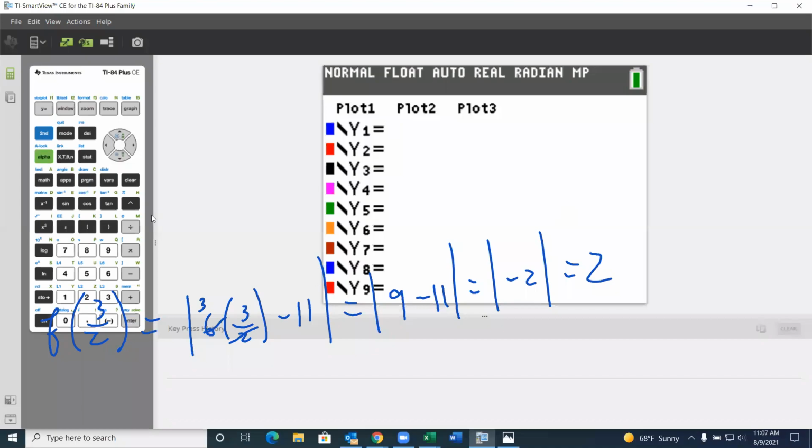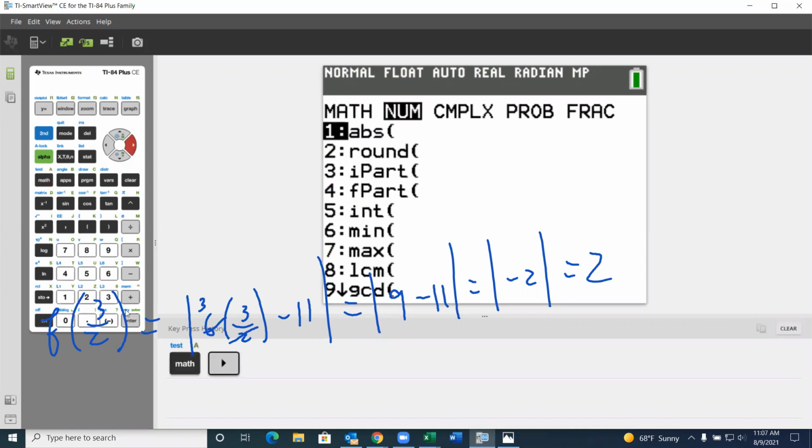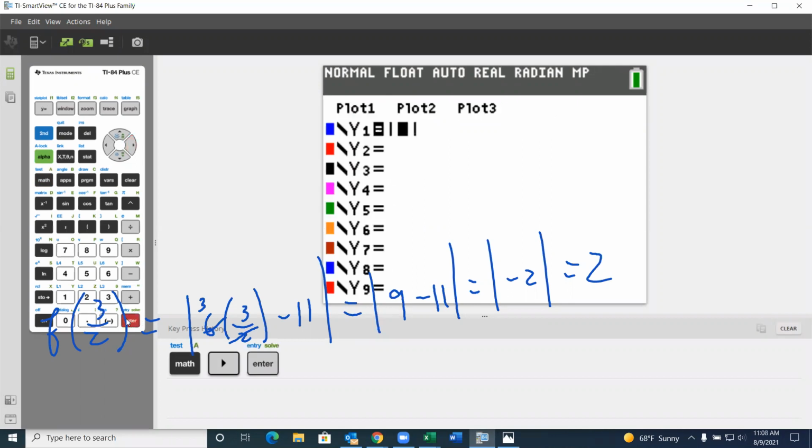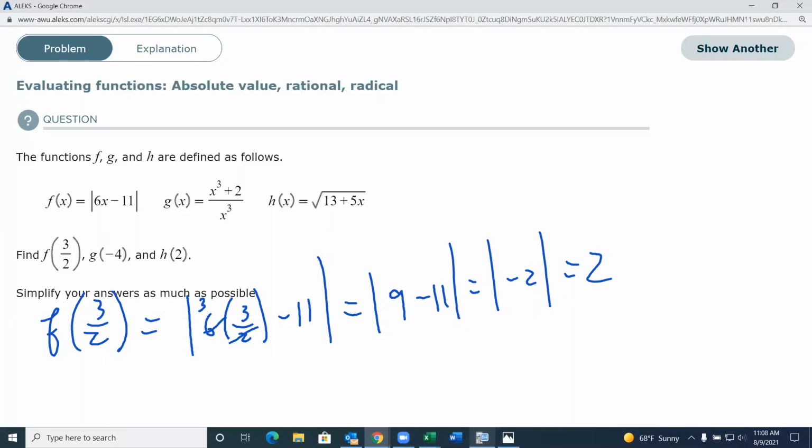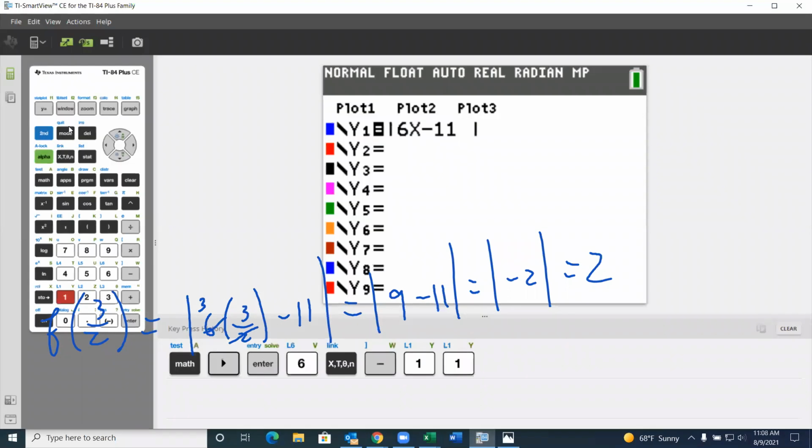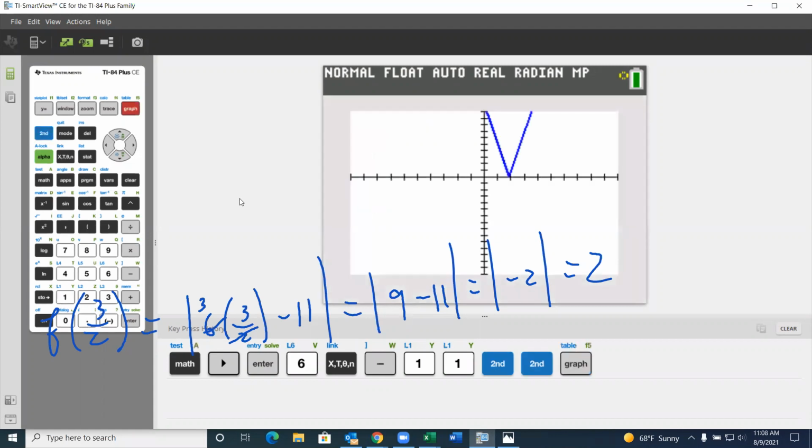Okay, so I plug in the original function, I'm on the y equals menu. If I go math, right, enter, I get absolute value. And then I'll go 6x minus 11. And that was the function in the absolute value. Then I go to the graph.